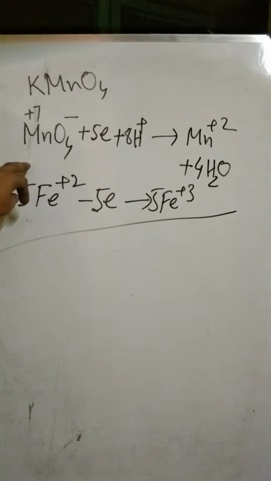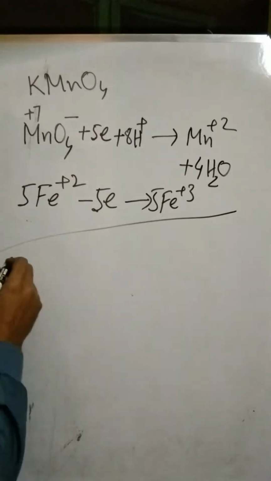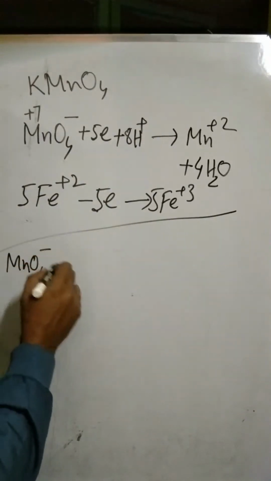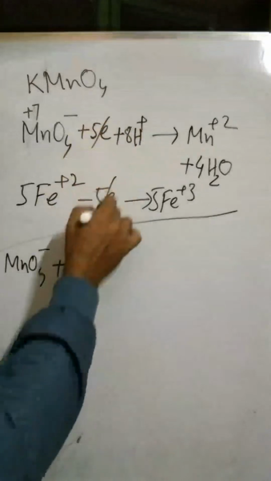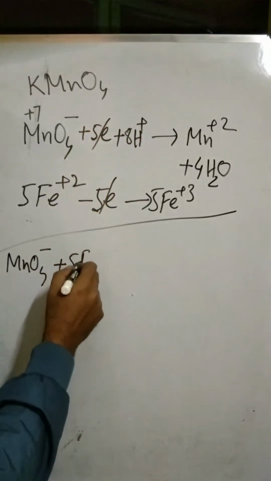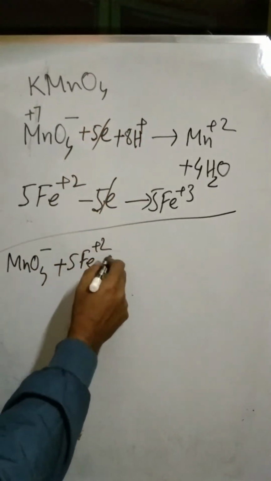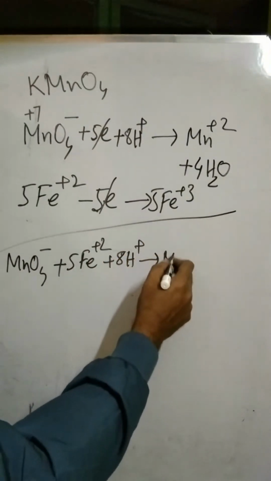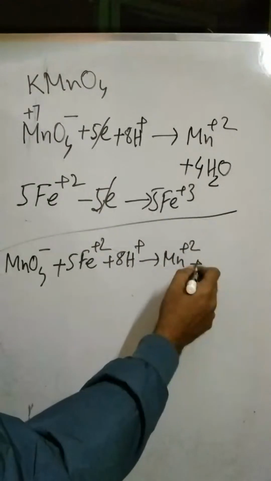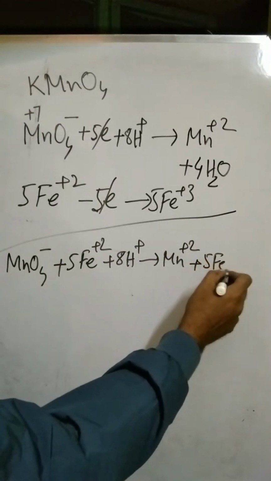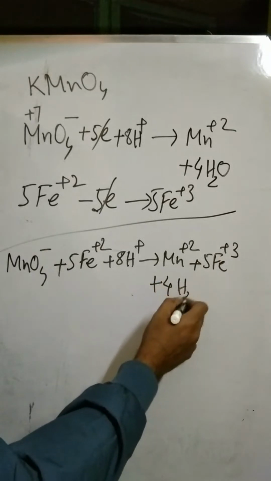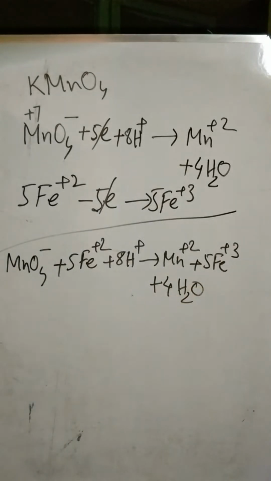This one is reduction and this one is oxidation. So in the reactant side, MnO4 minus is present, electrons are counterbalanced, 5 Fe plus 2 ions are present and 8 H plus ions are present, and in the product side there is Mn plus 2, 5 Fe plus 3 plus 4 H2O. So this is the overall well balanced redox reaction.